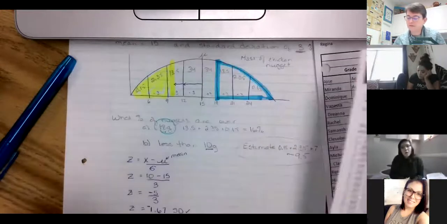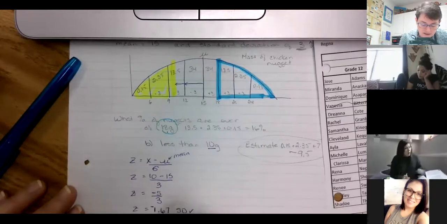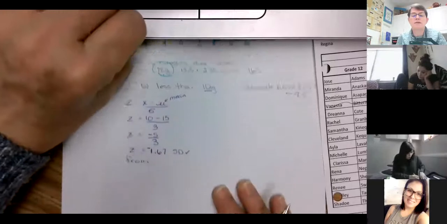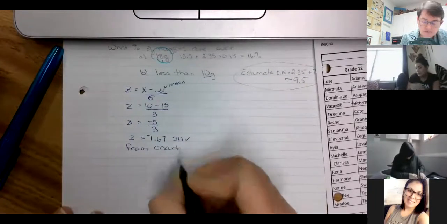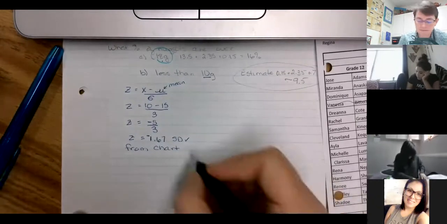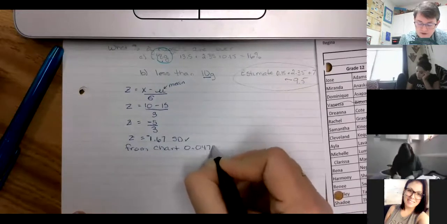All right, so there's my standard deviation. Usually what I do is let you see what I'm writing. I just cheat. I write from chart so I know where this number is coming from. 0.0475.